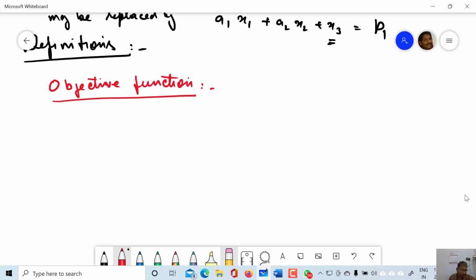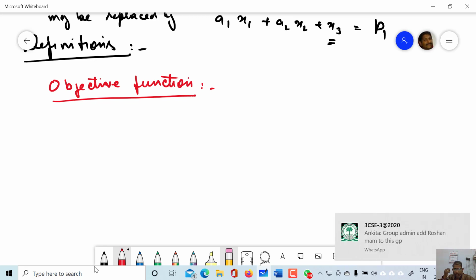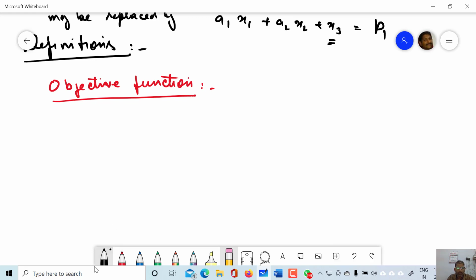The linear function to be optimized is called the objective function. So the function which is given to optimize is called the objective function. Suppose f(x) is the function sigma ci xi. This is the function which is to be optimized by applying some constraints. Then this function is called the objective function. Okay, objective function.